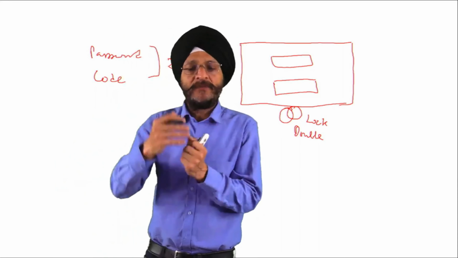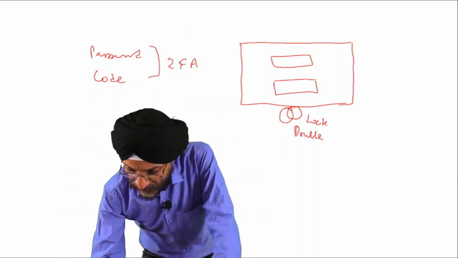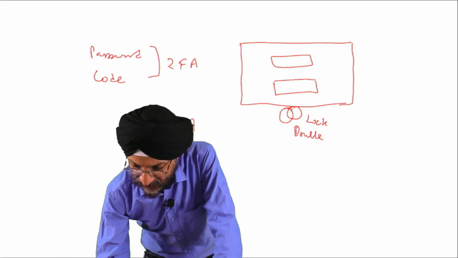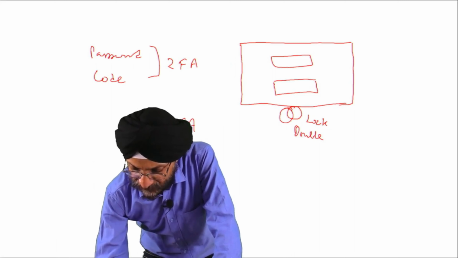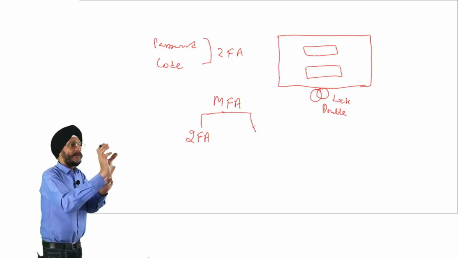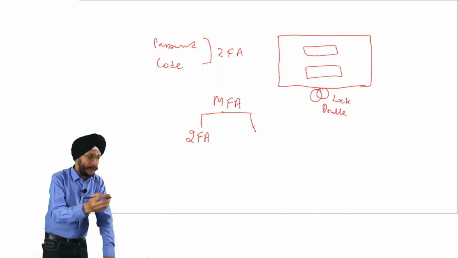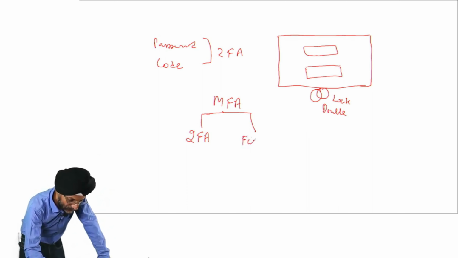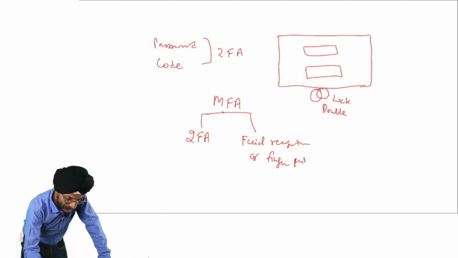There is one step forward which is called MFA, multi-factor authentication. Multi-factor authentication includes two-factor authentication, and also in that there may be a third step, and it may be facial recognition or fingerprint recognition.